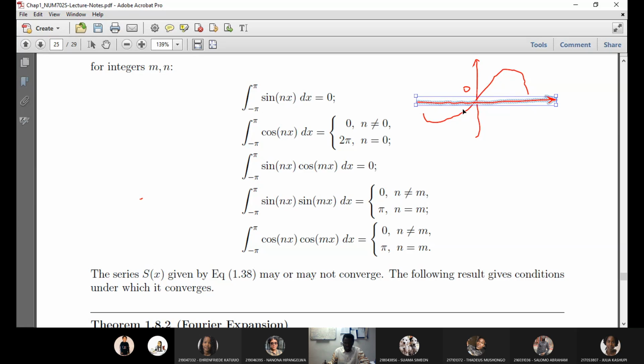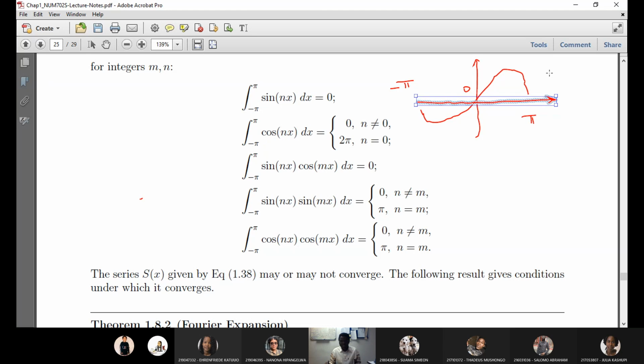You can see that there's a symmetry about 0. So if this is pi and this is negative pi here, you can see that this value is positive and this will be negative, but the same, right? The opposite. So if you add them all, it gives you 0 automatically.